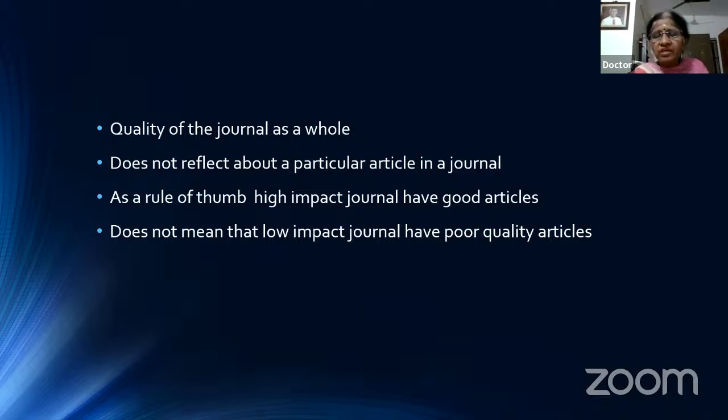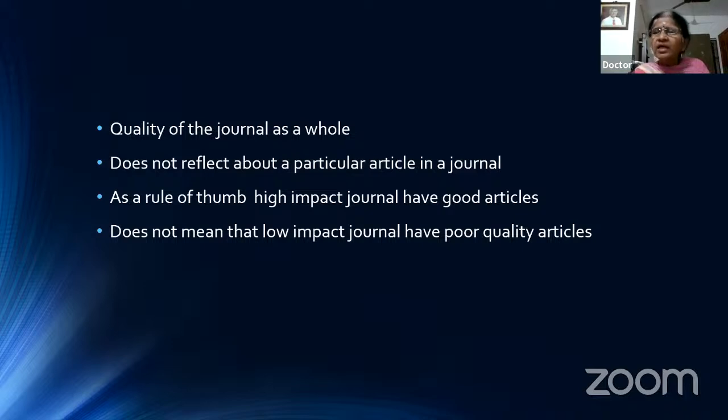That is one main disadvantage of this impact factor. It doesn't reflect a particular article. Generally, the thumb rule is the higher the impact factor for a journal, these journals generally have good articles. However, the opposite is also true.